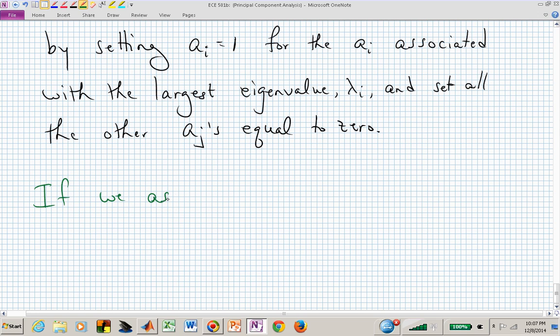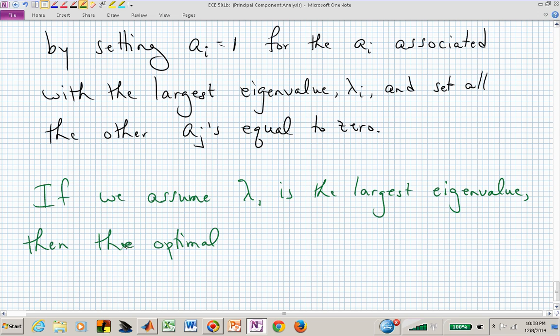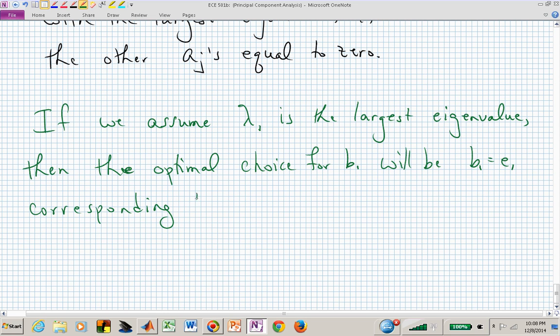If we assume lambda sub 1 is the largest eigenvalue, then the optimal choice for b sub 1 will be b1 equaling e1, which is the eigenvector corresponding to the largest eigenvalue, lambda sub 1.